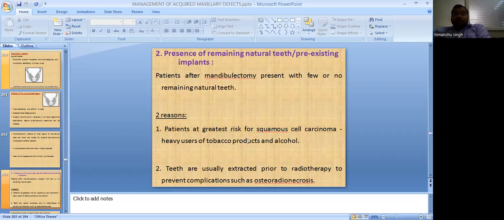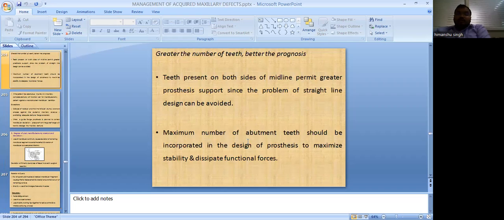Patients after mandibulectomy present with few or no remaining natural teeth. Two reasons. Patients at greater risk for squamous cell carcinoma are heavy users of tobacco product and alcohol, then teeth are usually extracted prior to radiotherapy to prevent complications such as osteoradionecrosis. Greater the number of teeth, better the prognosis.